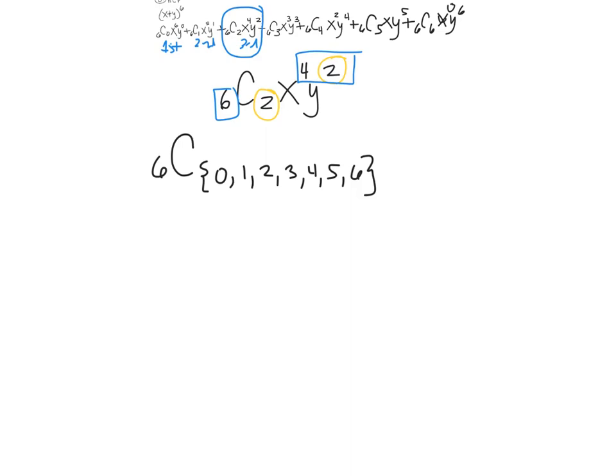Go to your calculator, hit 6 first, then Math, PRB. And then you're going to use the little bracket symbol. It's not a parenthesis, it's a bracket, which is second parenthesis. And you're going to do 0, comma 1, comma 2, comma 3, comma 4, comma 5, comma 6, and then close your bracket.